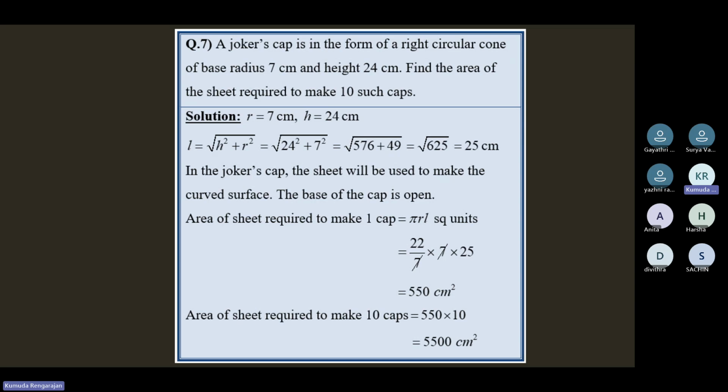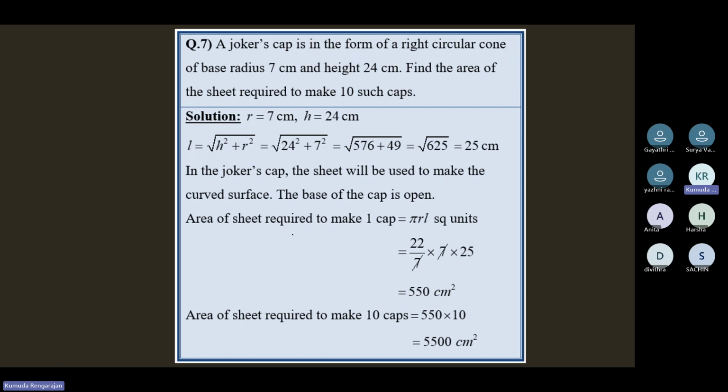Supposing you have an ice cream cone and you have to find how much ice cream can be filled into that cone, then you should find volume, because you're filling the cone with something. If you're doing something with the surface, then it's area. So clearly the sheet is used to make the curved surface of the cap.